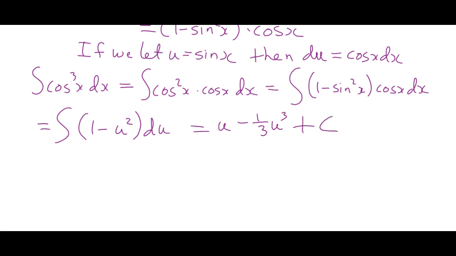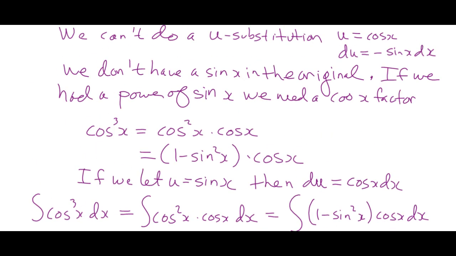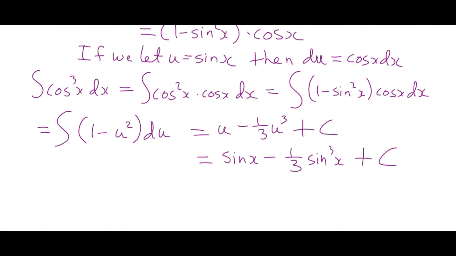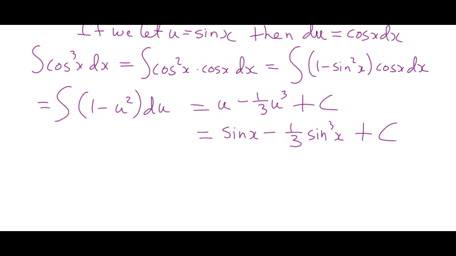But it wasn't really a u to begin with. U is sine x, so this is sine x minus 1/3 sine cubed x plus c. And that's the integral of cos cubed x dx. Within easy reach.